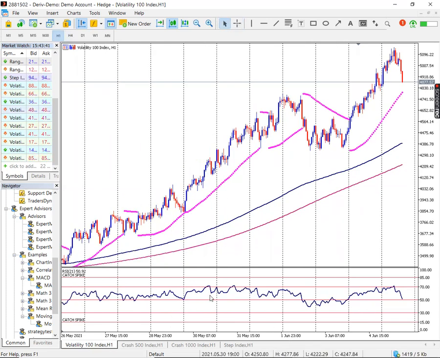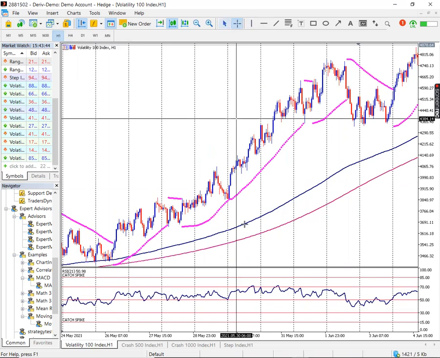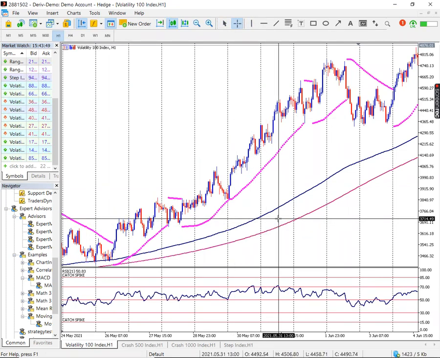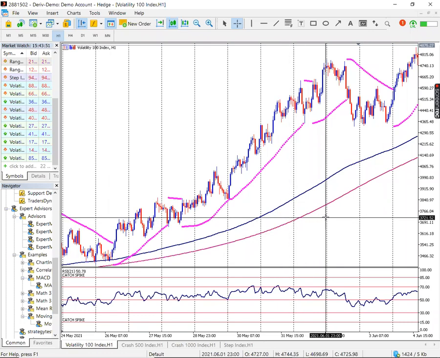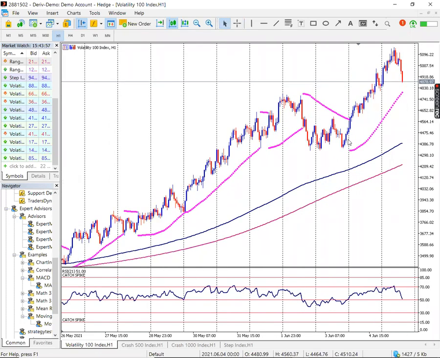In a situation like this one again, you can see here, there was likely a normal sell, maybe around this level could be a nice sell. But when the market is going up and the RSI is refusing to go up, this is called divergence.